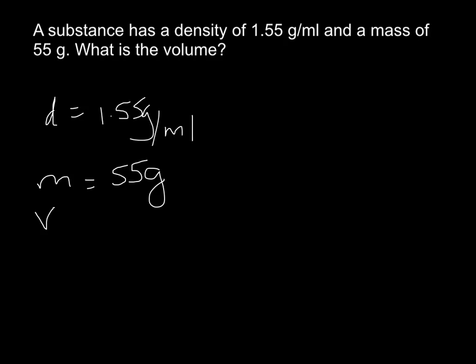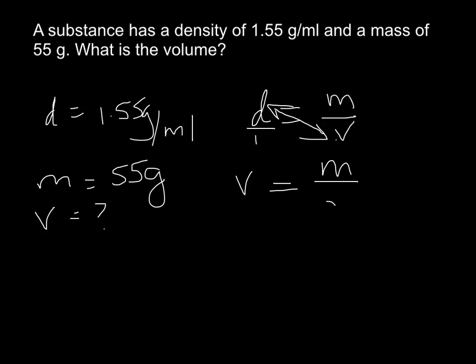This is another one of those more difficult problems. So density equals the mass divided by the volume. Now a shortcut here, remember, is if we're looking for the volume, which is in the denominator, we can just make these two switch places. So volume just equals the mass divided by the density.